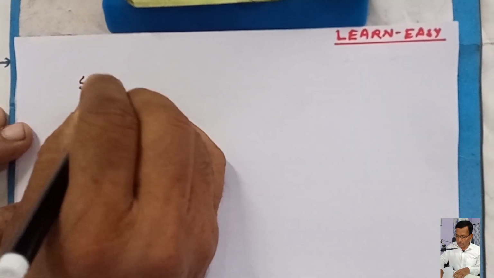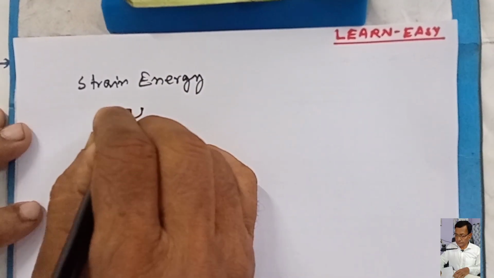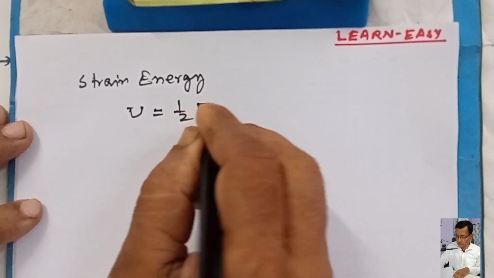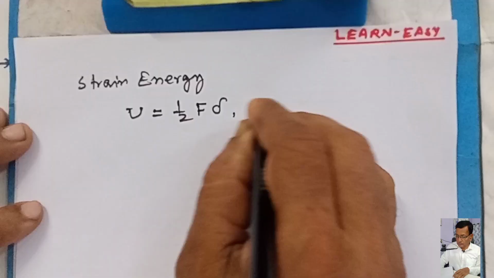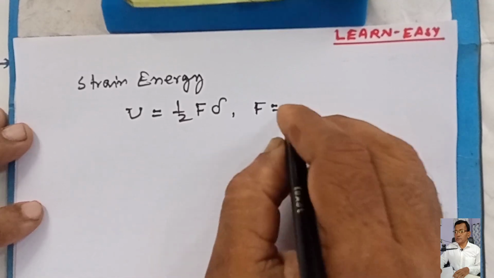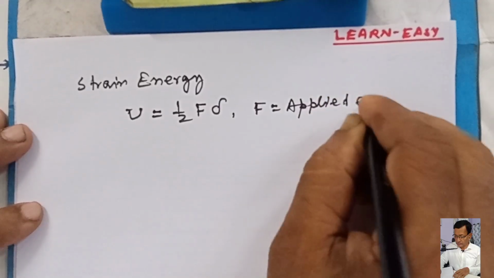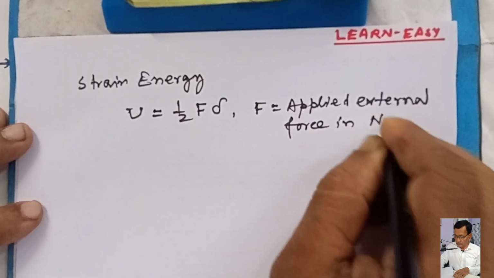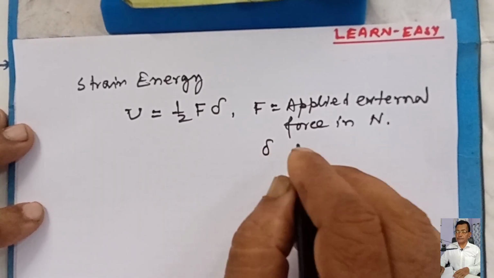Now strain energy U is equal to half F del, where F is applied external force in Newton, and del is resulting deformation in meter.